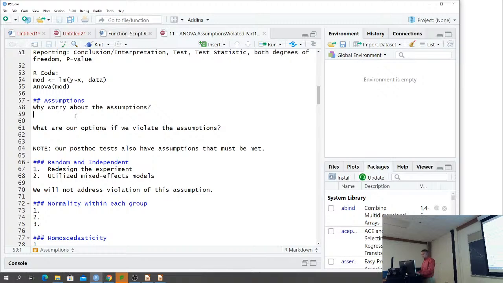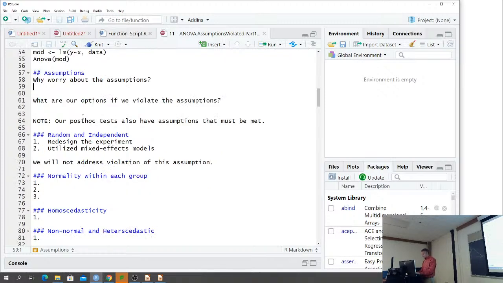So why worry about our assumptions? We worry about them because our F statistic follows an F distribution with df1, df2 if assumptions are met.